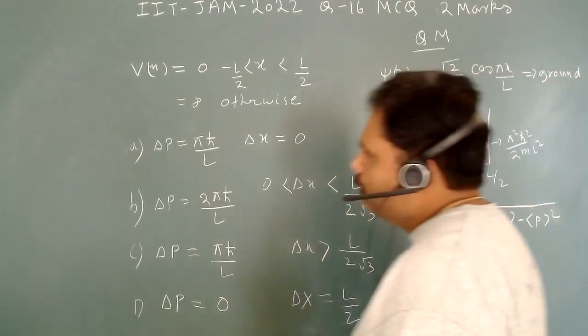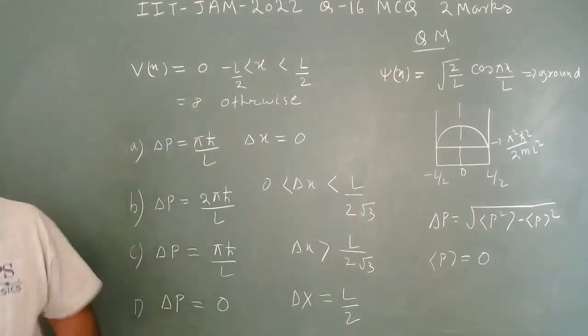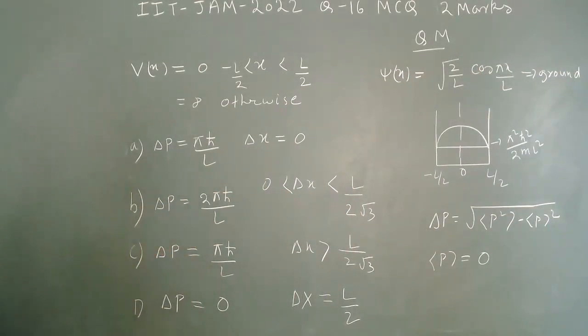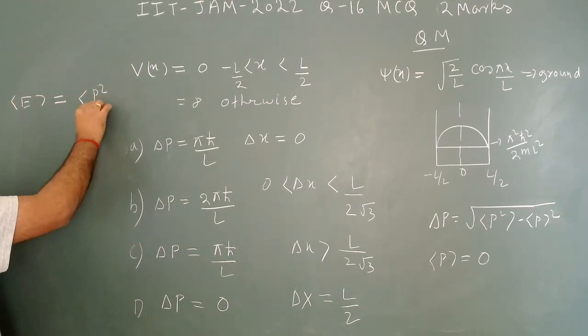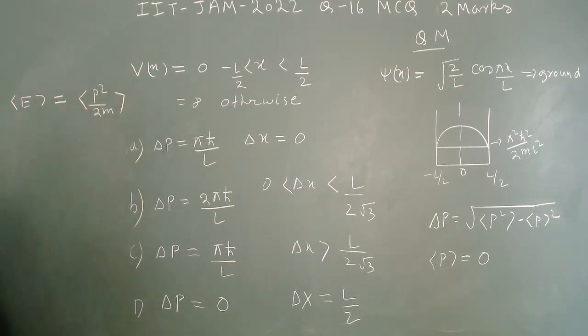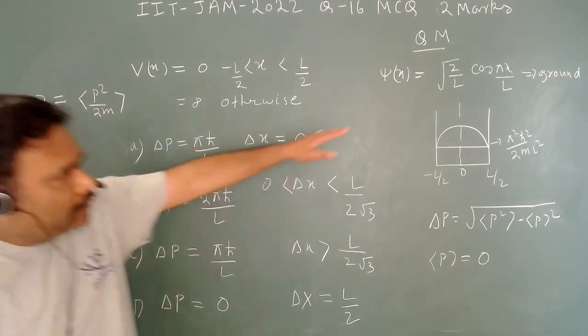Now we have to calculate the expectation value of P square. Without going to integration, we can easily say that the expectation value of energy is equivalent to the expectation value of P square upon 2m. The expectation value of energy is basically the eigenvalue because it is just an eigenstate.